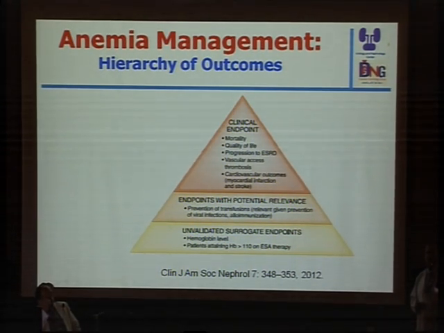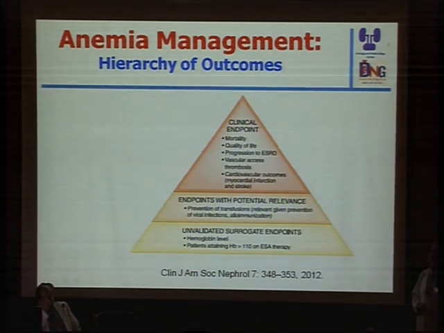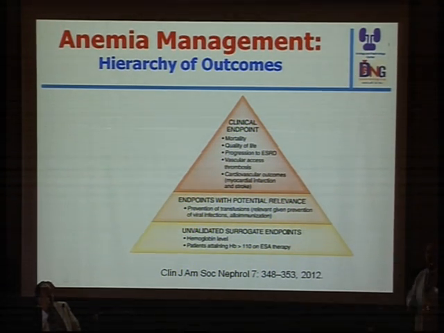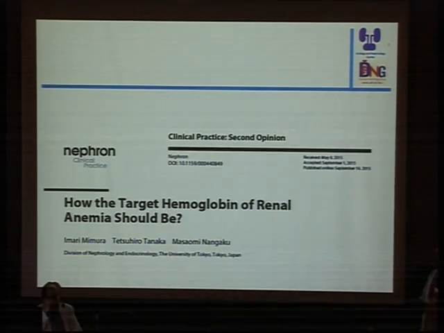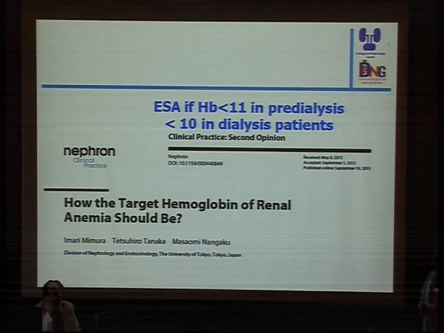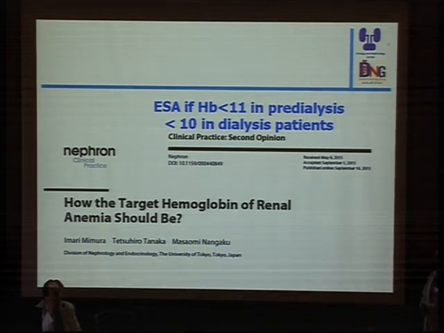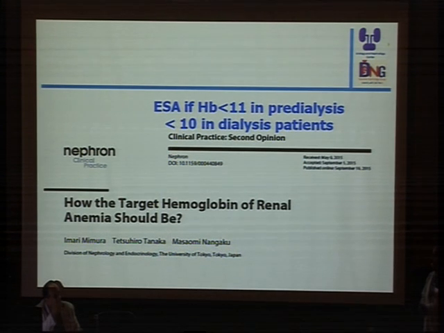If the patient is younger, I can raise hemoglobin to 11. And if older, 9.5 may be sufficient. So you cannot say that there is a fixed figure for hemoglobin. From 10, it's variable according to the patient characteristics.